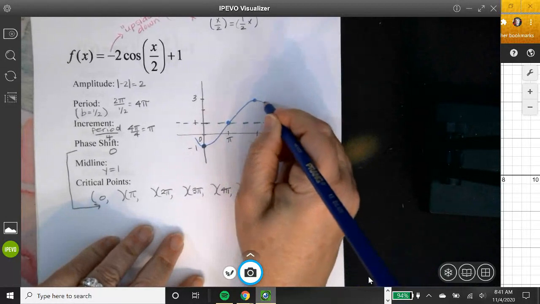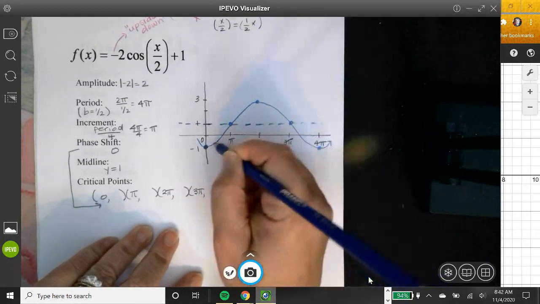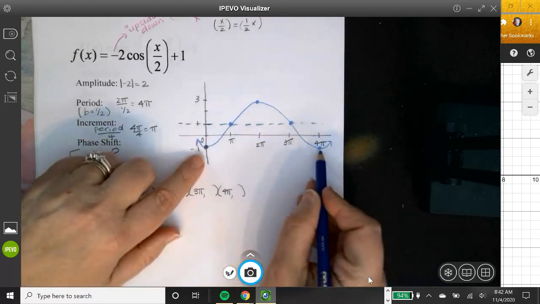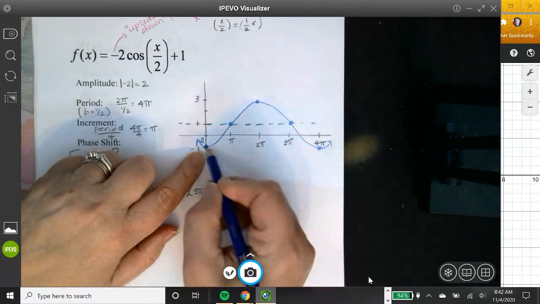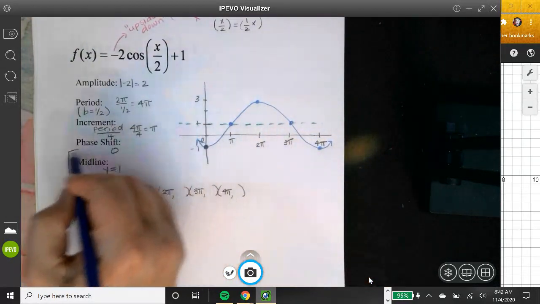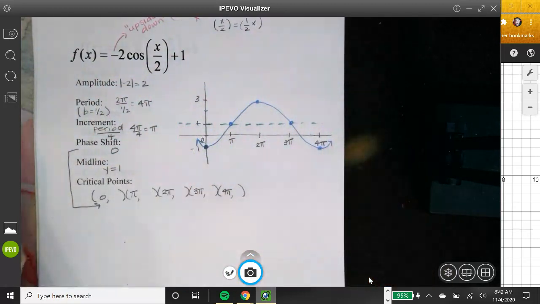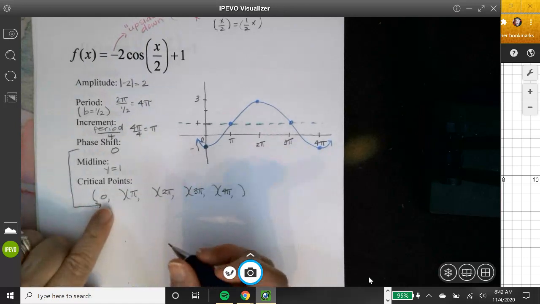That's the fun part, I think. Now, do you notice that when I get to the minimum, I go back up on my curve, because that's what the cosine curve does. So it's going to repeat another cycle on this side and another cycle on this side. All right, so let's pick off the critical point y values.